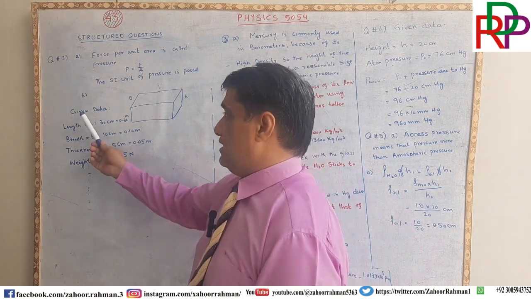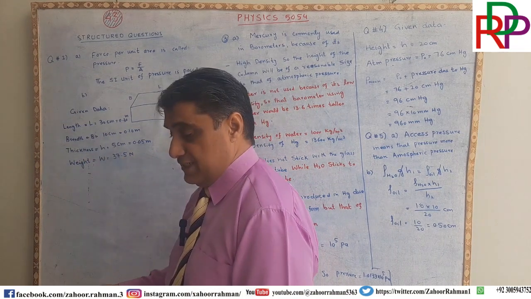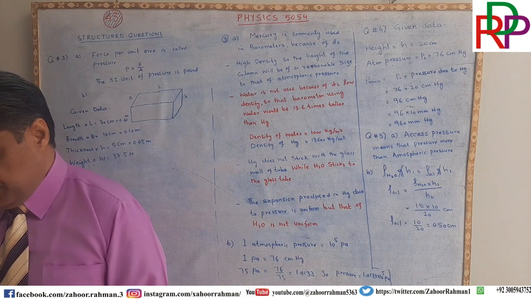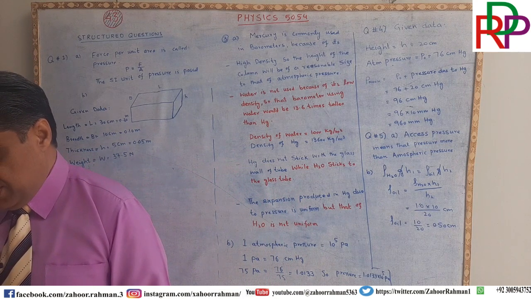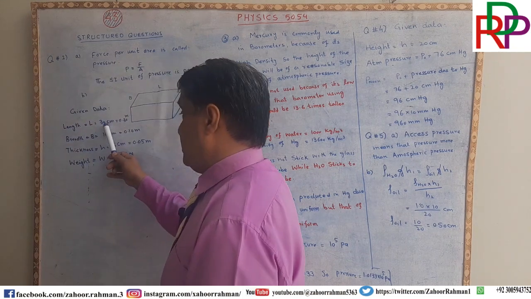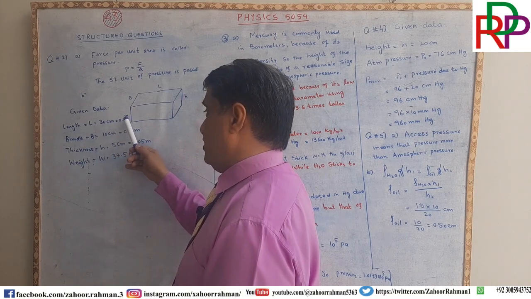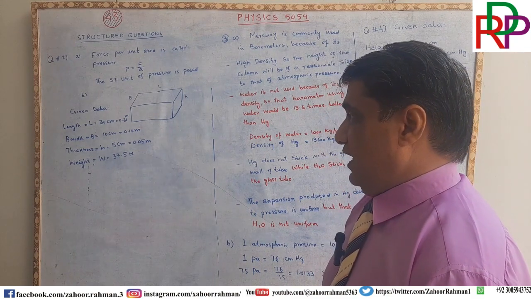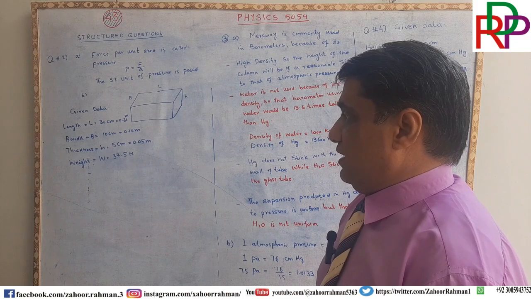So they given the data as length L is equal to 30 centimeter, but we will require the data in meter. So we have to convert this 30 centimeter to 0.3 meter. We have to divide it by 100.